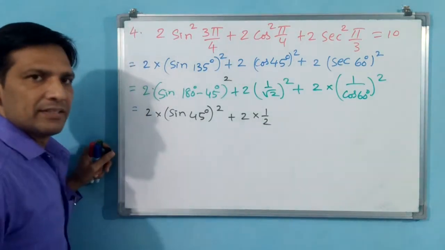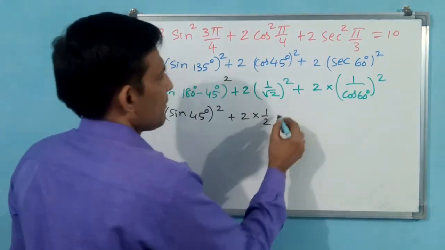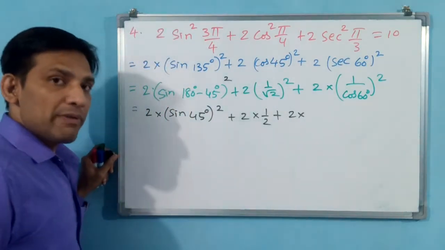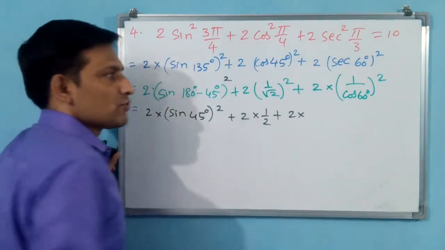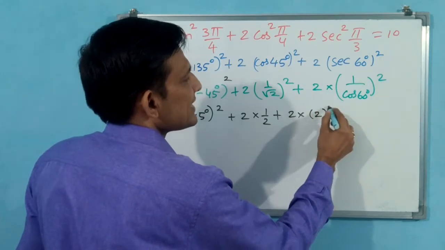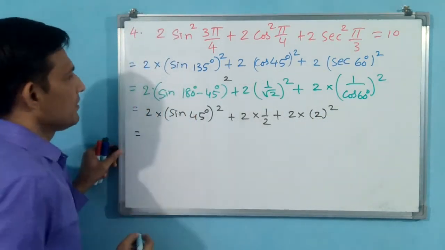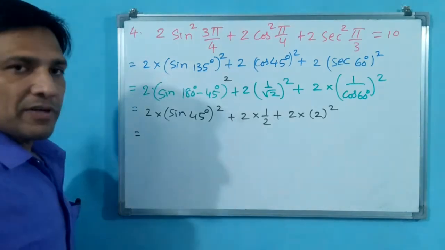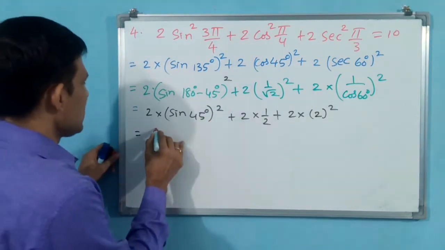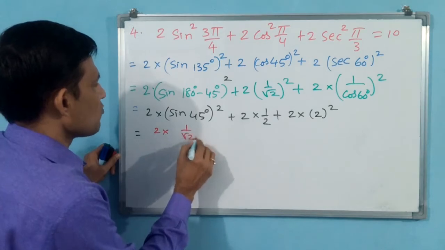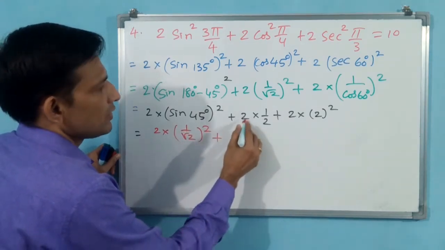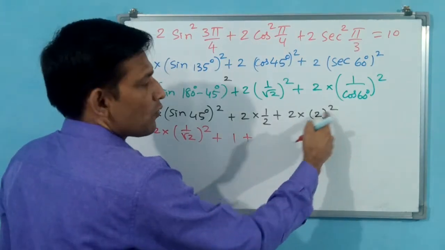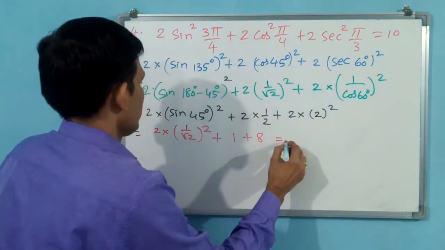Is it correct? Root 2 square is 2. Plus 2 into, see, cos 60 is 1 by 2, 1 by 2 means 2 square. That you have to keep in your mind. Sin 45 is 1 by root 2, 1 by root 2 square. Again you write 2 into 1 by root 2 whole square plus 2 to get cancel 1. Plus, see, here 2 square 4 into 2, 8 will come.